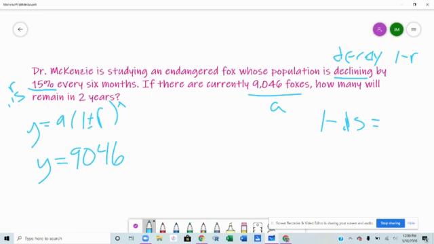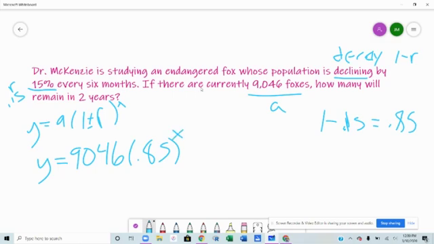If you need a calculator, do so. That is 0.85. That's the number that goes in your parentheses. So we took 1 minus our rate because we are decaying. Our rate was 15%, which is 0.15. 1 minus 0.15 is 0.85 to the power of x.